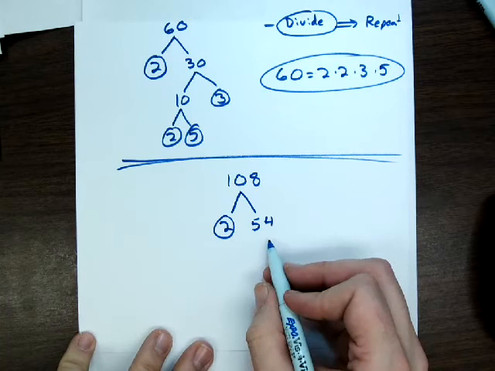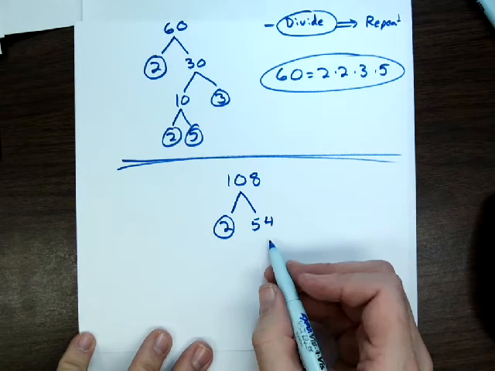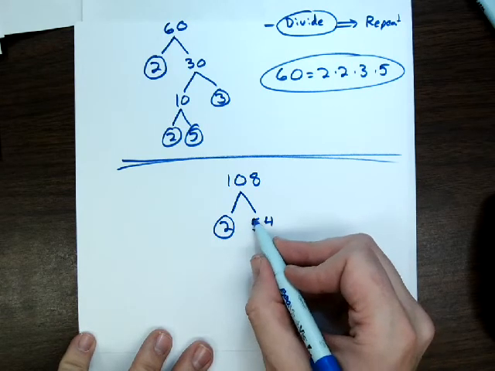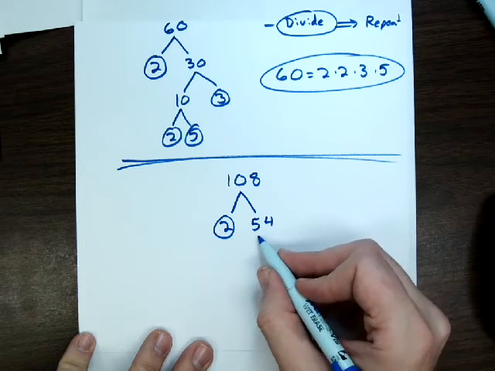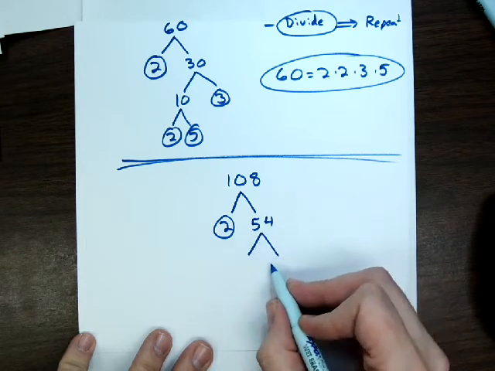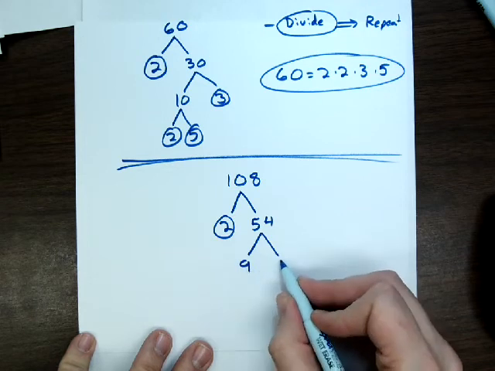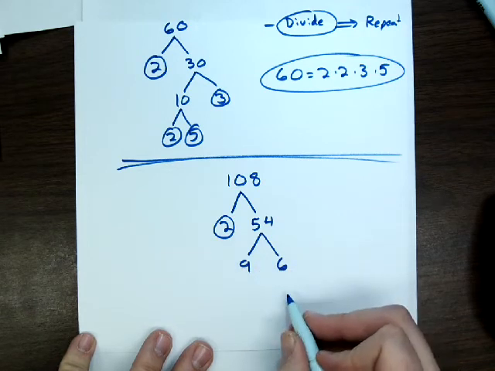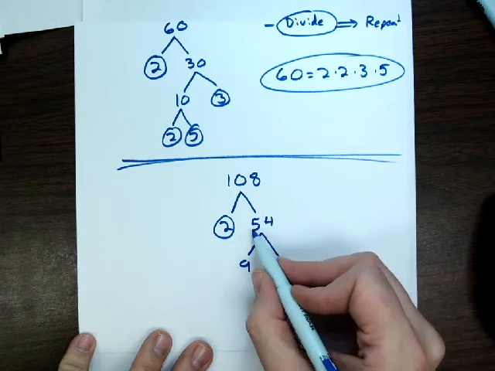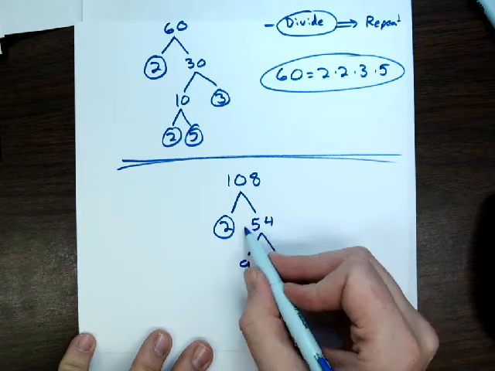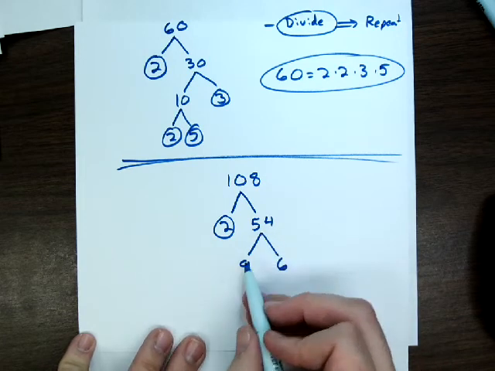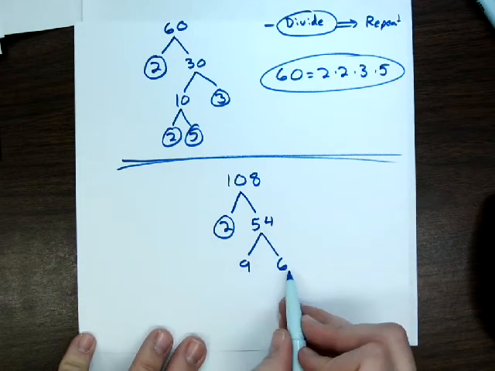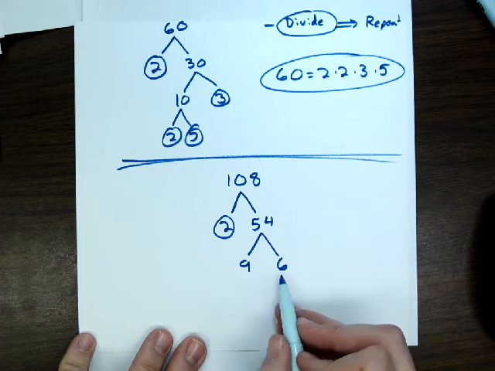54, that seems awfully familiar. Isn't 54 equal to 9 times 6? Yeah, let's break that down into 9 and 6. And it doesn't matter that these are not primes yet. All we're going to do is look for any pair of numbers that will multiply together to be this. And as soon as we break it down, these other factors are going to be easier to break down.